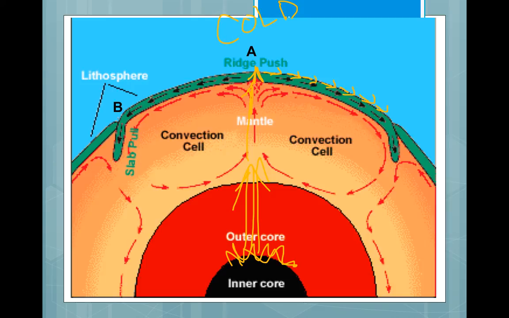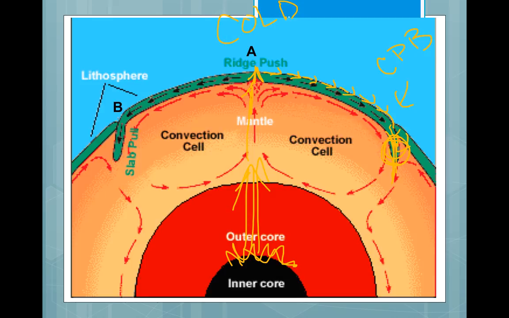Eventually, we get two plates colliding together in a convergent plate boundary. Okay, convergent plate boundary. And things start to subduct. Okay, and here, as this slab starts to go underneath the other continental crust, it starts to pull the crust with it.